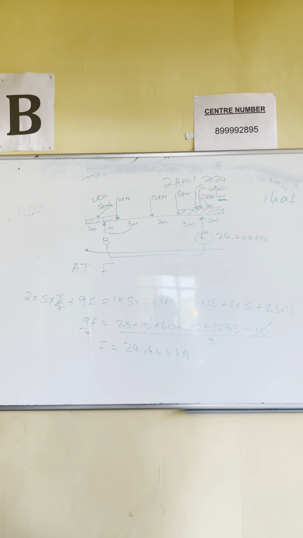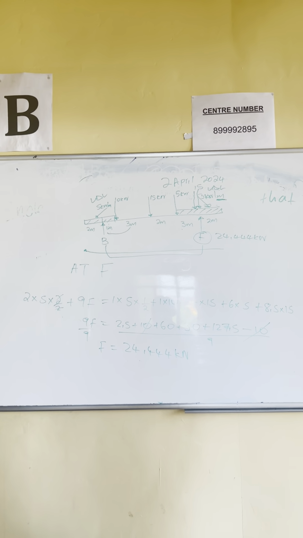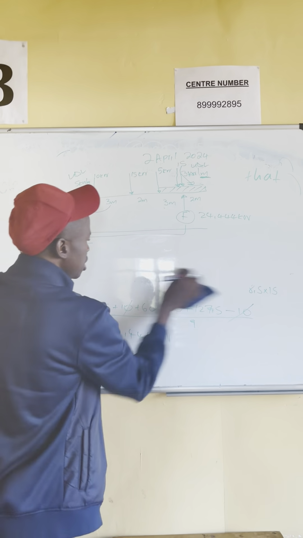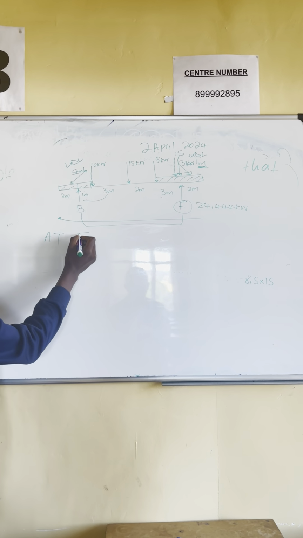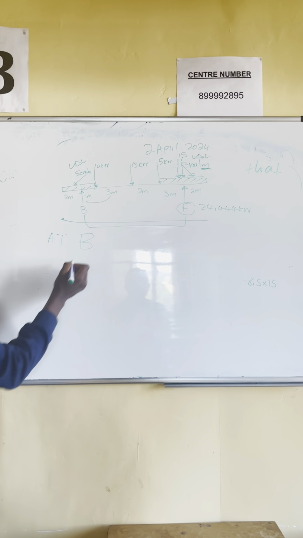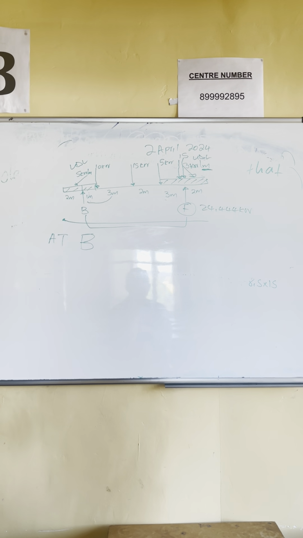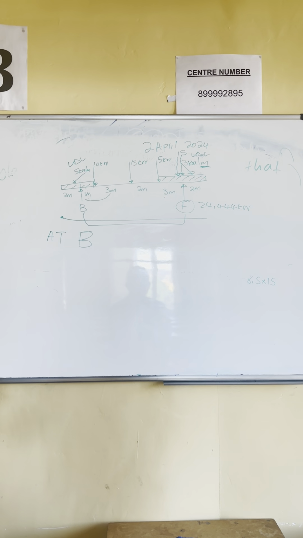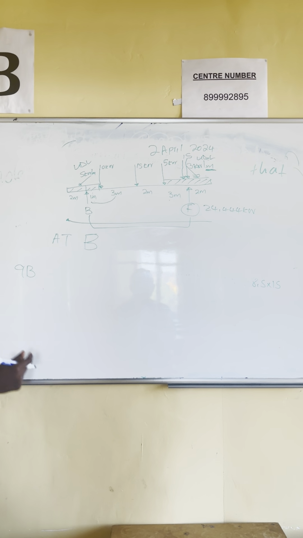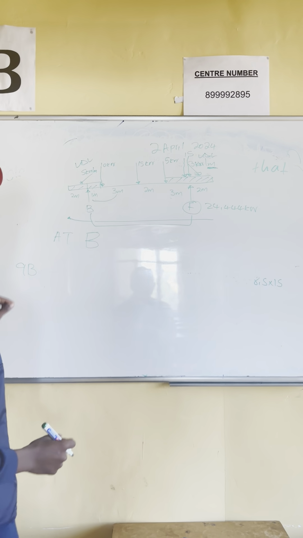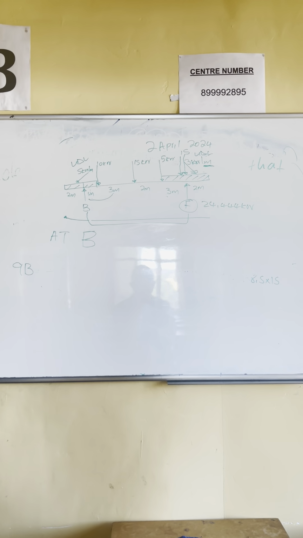And now it will no longer be at F, but it will be at B, because we need the force, the support of B. Now still it will be 9B because this is the distance between the support. You have to put it together with the letter.